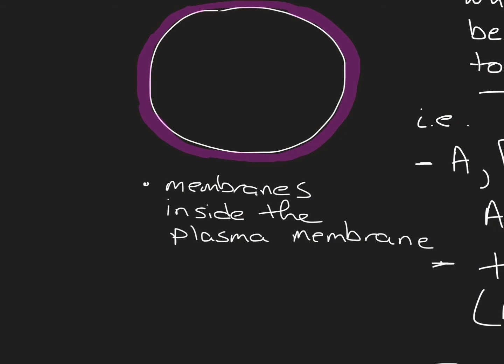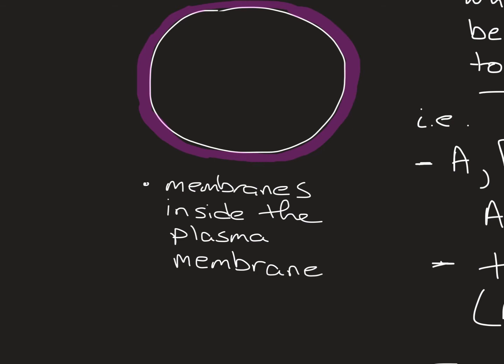They have membranes inside the cell. Does that make sense? Yes? All right, so they have spaces. They have compartments. Remember that from the video, compartmentalization. They have many compartments inside.